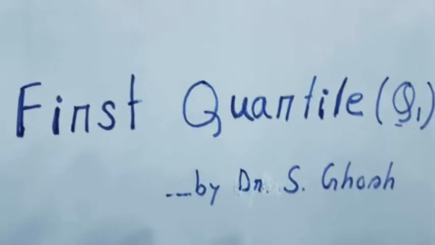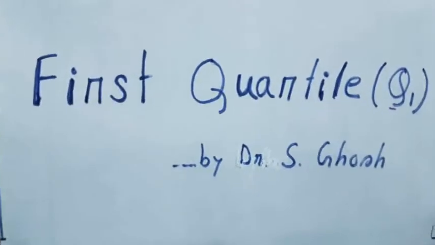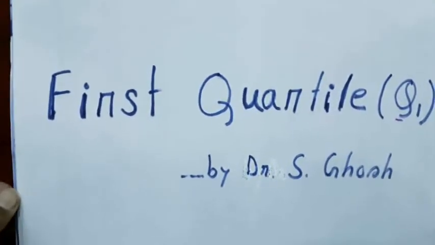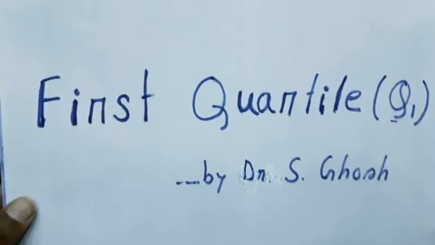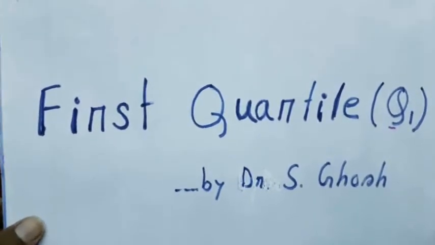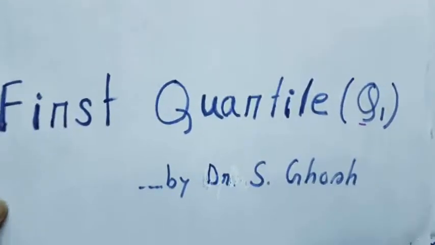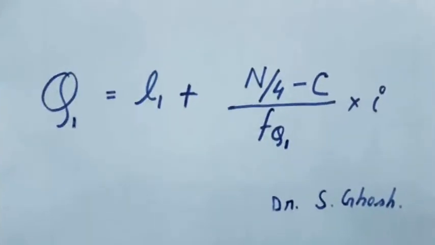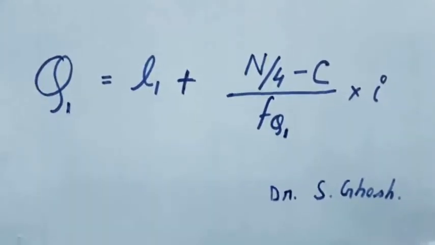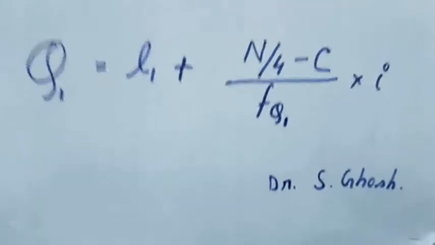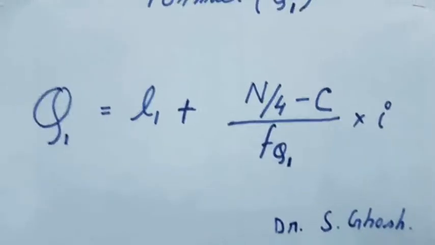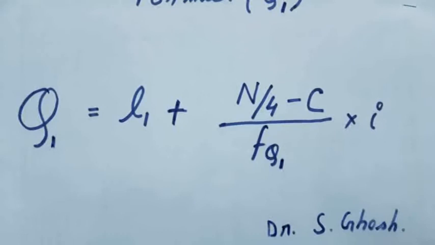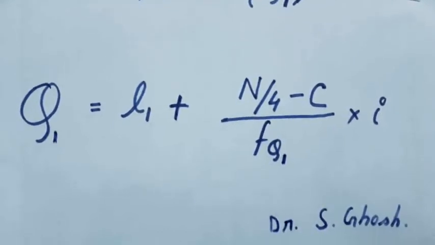And so the formula for this calculation of quartile is something different from the discrete series, and the formula is this: Q1 equals L1 plus n by 4 minus C into I by FQ1.